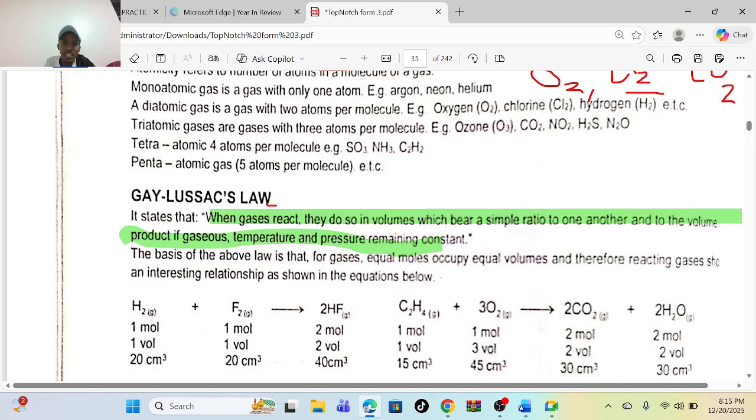In simple terms, it states that gases react in simple whole number ratio. Gay-Lussac's law states that gases react in simple whole number ratio.